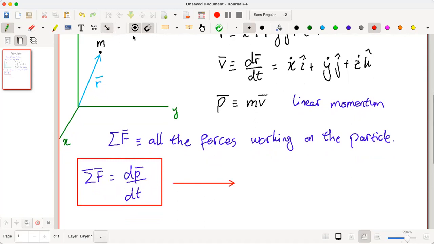Since in most cases the mass is constant, well, I'm saying most of the time, not all the time, there are cases where the mass changes. For example, in the launch of a rocket, the total mass of the rocket decreases because some part of the mass is burned as fuel and blown out, okay?